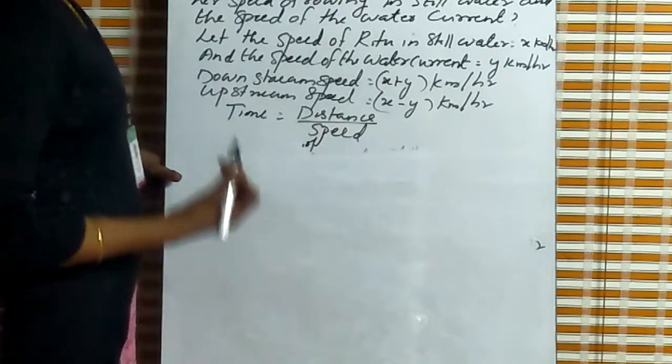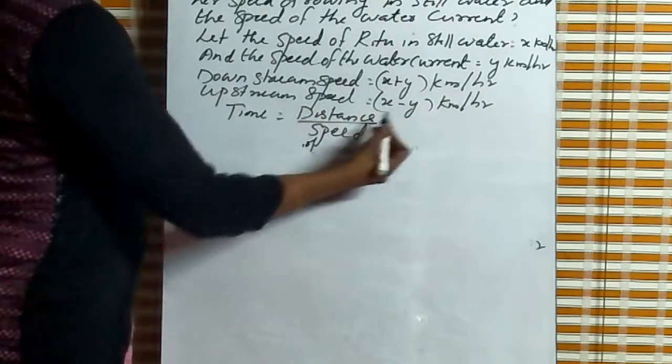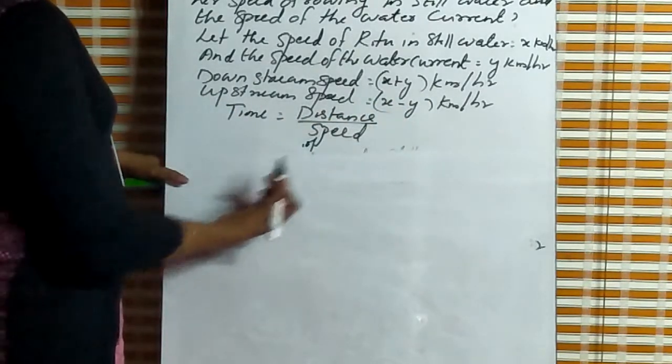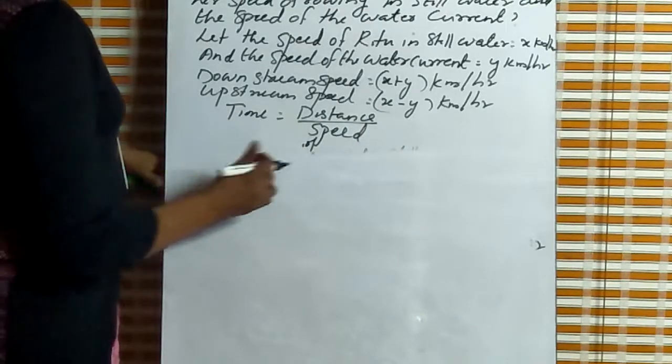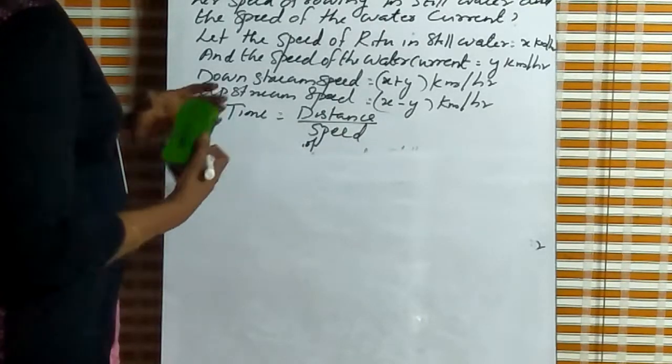Downstream speed is x plus y kilometer per hour and upstream speed is x minus y kilometer per hour. Also we know that time is equal to distance by speed.